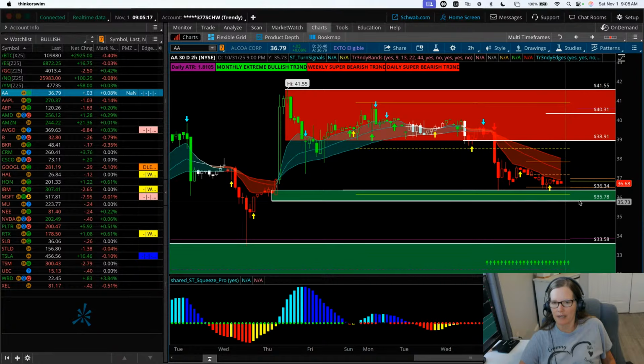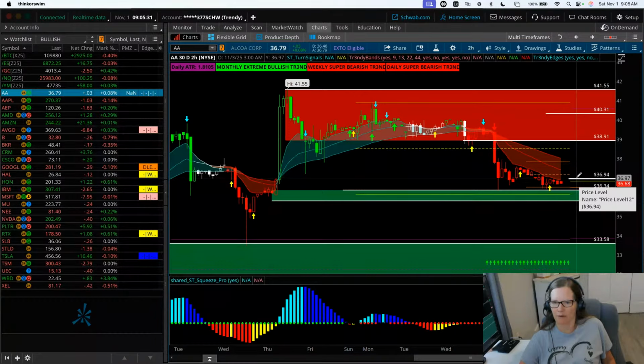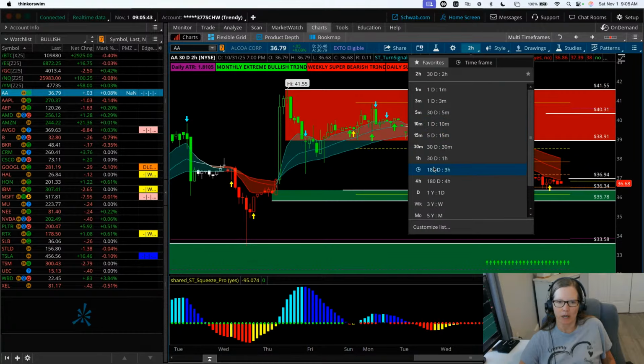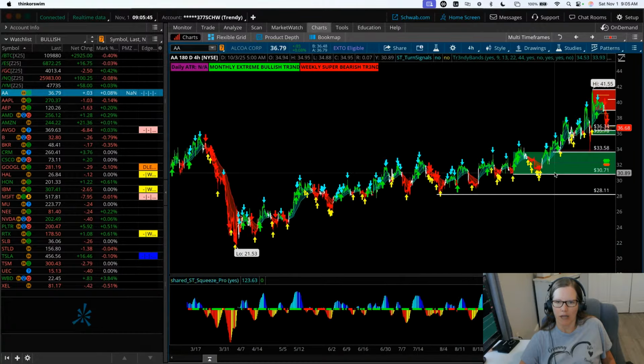A dip buy into this zone or on strength on Monday, if price can push up and above, let's say 36.94, it would be a momentum play from 36.94 targeting 38.91, 40.31 and 41.55. All right. So that is what I am seeing on Alcoa.